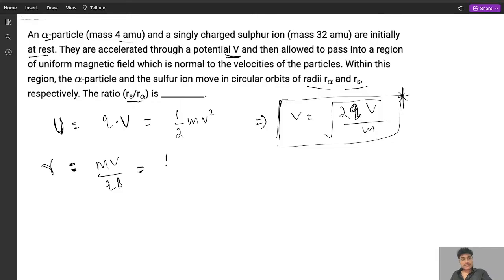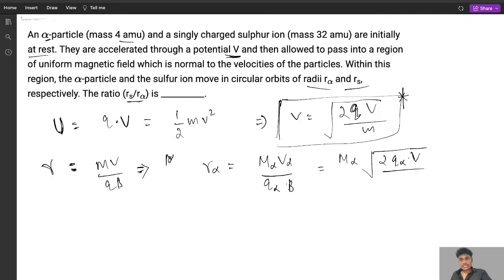So what is mass? If I take the alpha particle first, r of alpha is equal to m of alpha, v of alpha upon q of alpha into b. What is the mass of the alpha particle? That is 4 mu. I just put the mass. And what is the velocity? That is root of 2 times q of alpha particle into v, sorry, this is voltage, right?